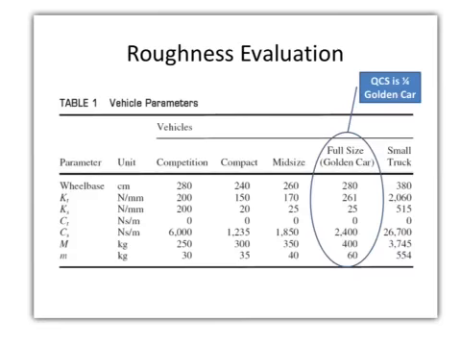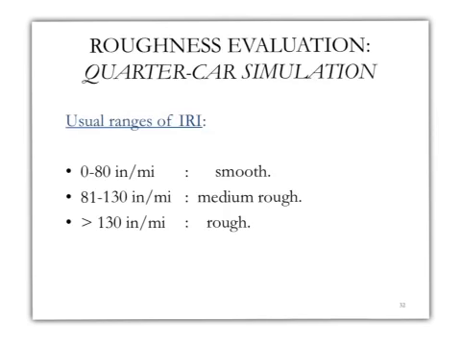So the question now is, based on all those parameters, we're going to come up with one single number, which is IRI, and the unit for the IRI is typically inch per mile. There are some recommendations on how to classify pavements based on their performance from the IRI perspective.